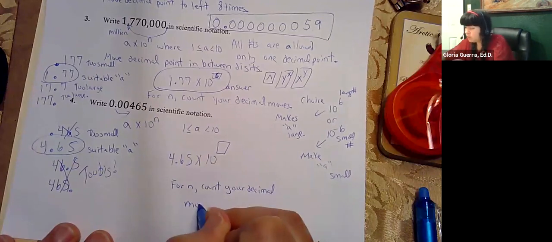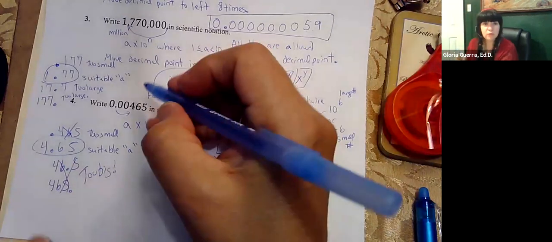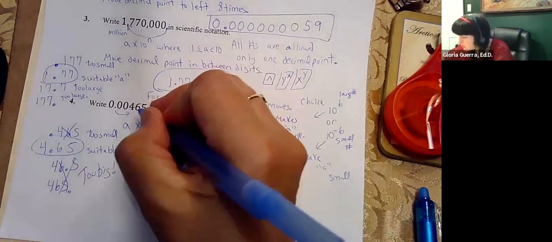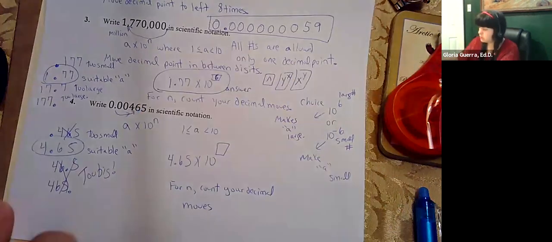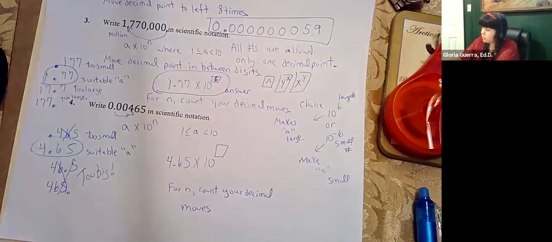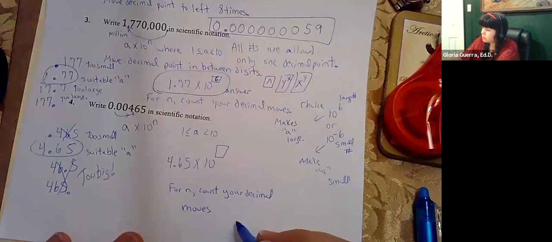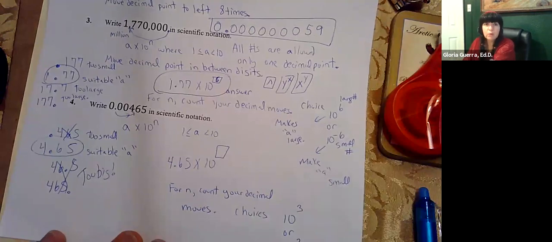To go from here, you took it to in between the 4 and the 6, how many moves was that? 1, 2, 3. That was just 3 moves. So your choices are, do you go with 10 to the cube, or do you go with 10 to the negative cubed?